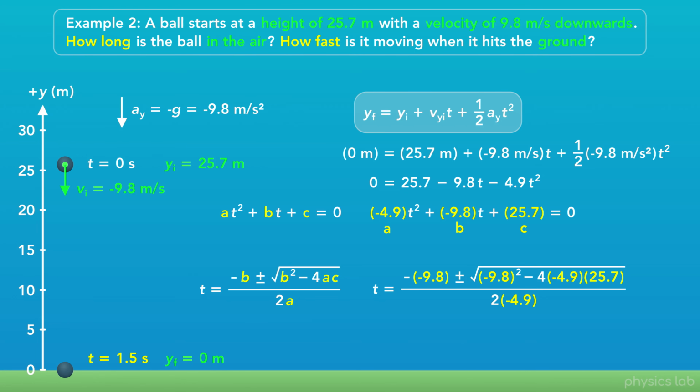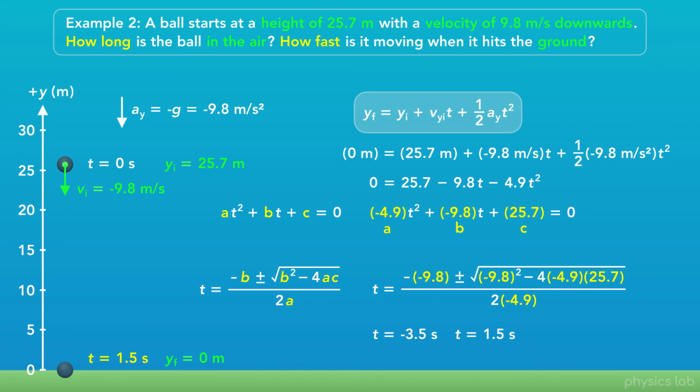Now we can plug those values into the quadratic formula to solve for t. Remember, A is just a coefficient, the value being multiplied by t squared. It's not the acceleration. When we calculate this using the plus sign and the minus sign, we get two answers for t. So t equals negative 3.5 seconds, or positive 1.5 seconds.